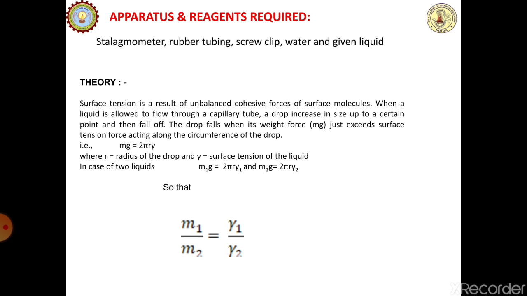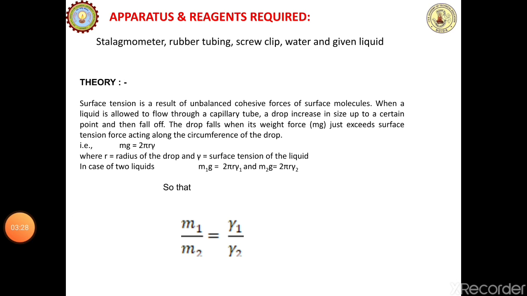The stalagmometric method is one of the most common methods used for the surface tension determination. For this purpose, several drops of the liquid leaked out of the glass capillary of the stalagmometer are weighed. The apparatus used in this experiment is stalagmometer, rubber tubing, screw clip, water and given liquid.